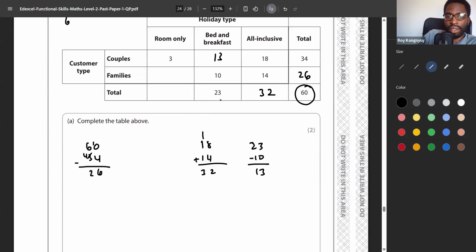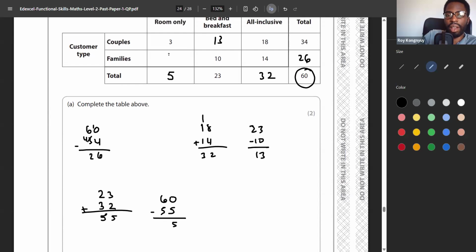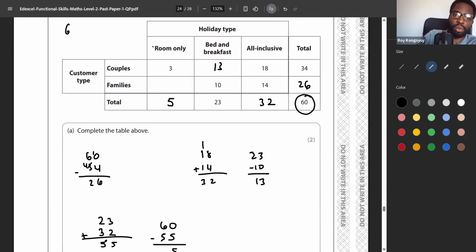Finally, we can see that this row here should sum up to 60 as well. 23 plus 32, that's 55. 60 minus 55, well, that's 5. So this is 5 right here. 5 book only for a room.